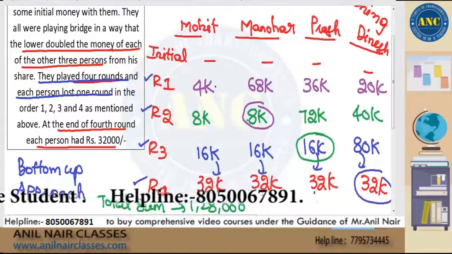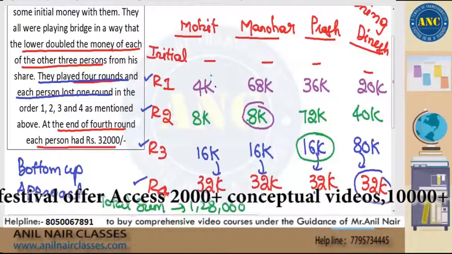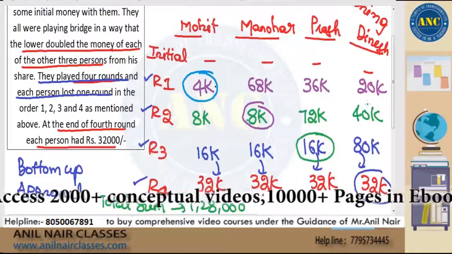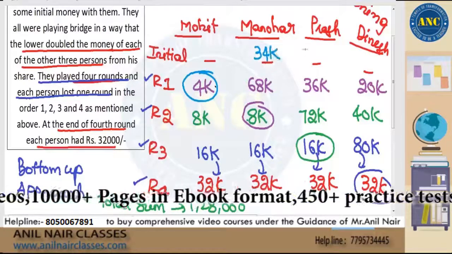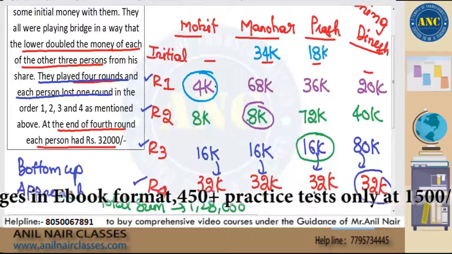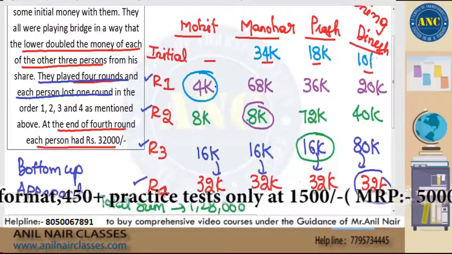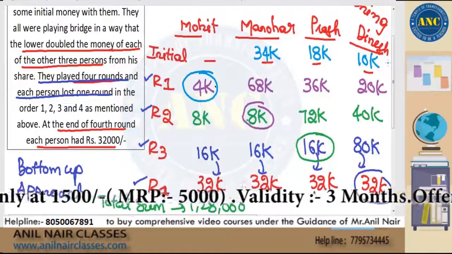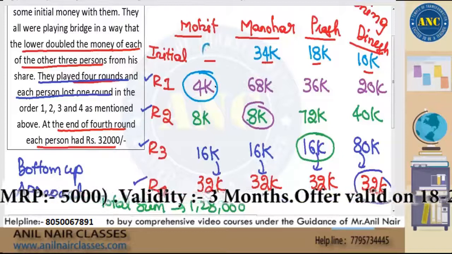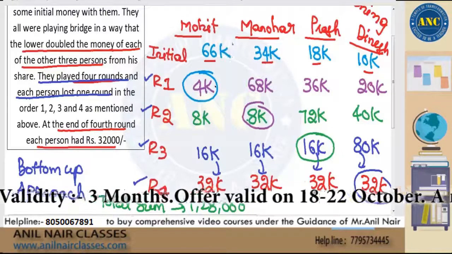During the first round, the first person will lose. Remaining will be half: 34K, next 18K, next 10K. 34 plus 18, 52, 52 plus 10 means remaining is 66K.